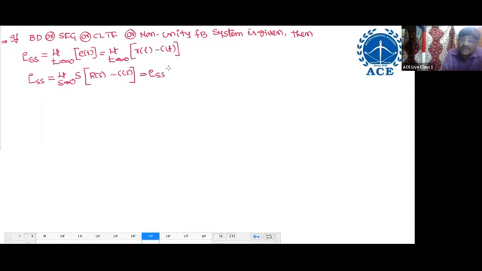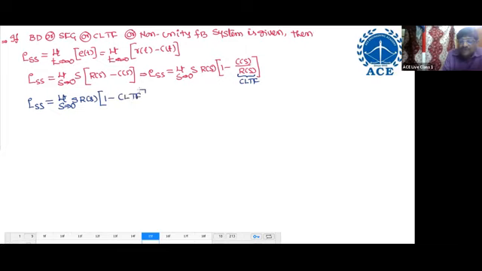So ESS equal to limit S tends to 0, S into R of S, into 1 minus C of S by R of S. This C of S by R of S is called closed loop transfer function. They simply use this formula, no need to convert into unity. This is a simple shortcut: S into R of S into 1 minus closed loop transfer function.